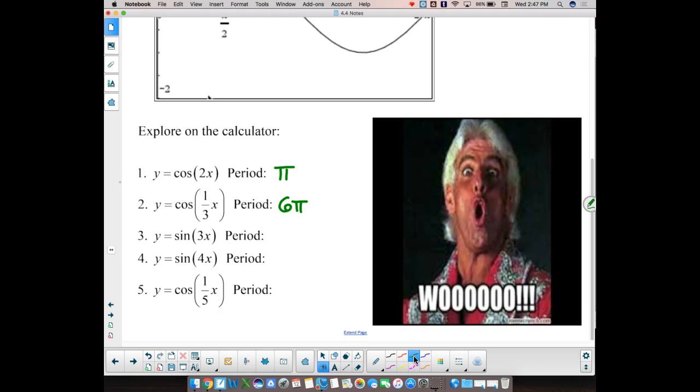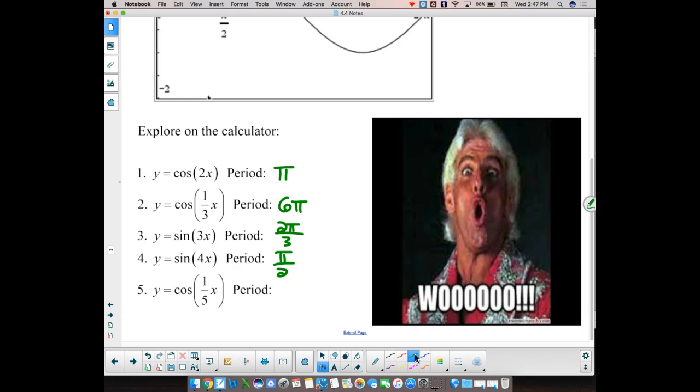Sine of 3x, you should have seen 3 of them in your window, which means that the period here is 2 pi over 3. Sine of 4x, you should have seen 4 of them in your window, which means that the period is pi over 2.